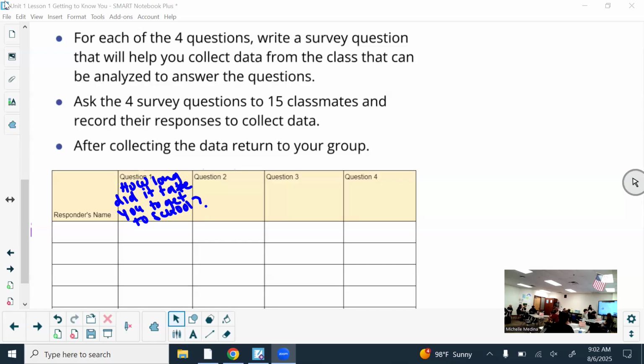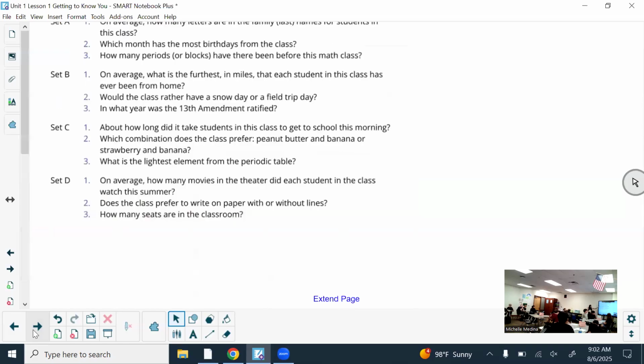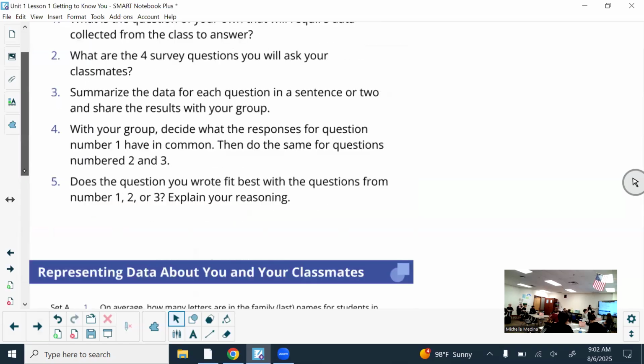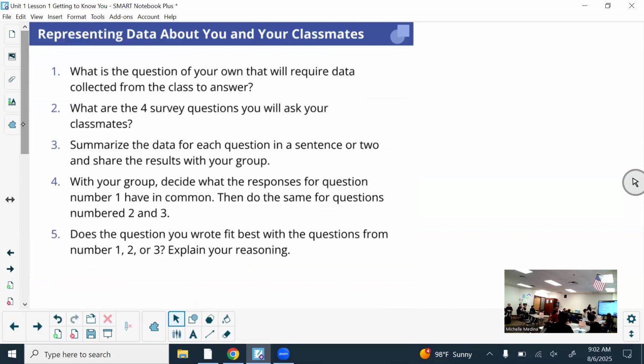But you're going to look at your responses and answer these questions. Yours are probably fewer questions than that, but it's on the back of your paper. So for 1, 2, and 3, you're going to answer about your data. Summarize the data for each question in a sentence or 2 and share the results with your group, like what they have in common for each question.